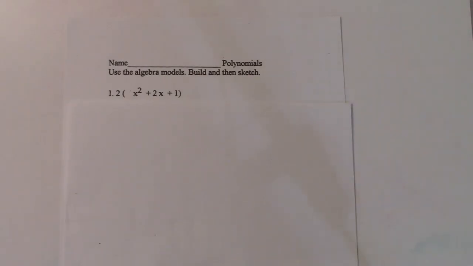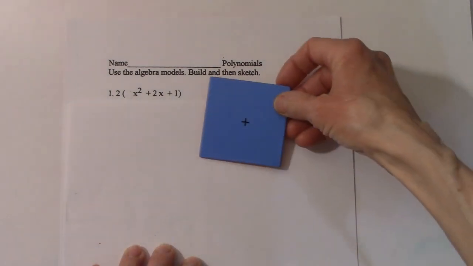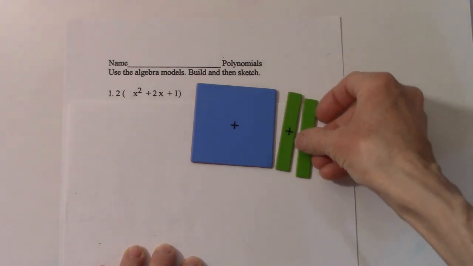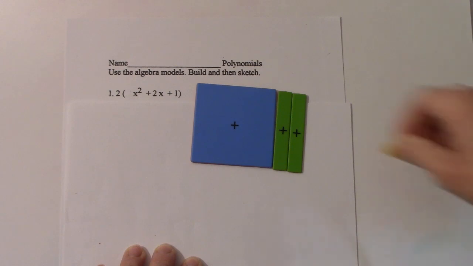Okay, let's consider this question of 2 times the quantity x squared plus 2x plus 1. Well, we know when it's 2 times a quantity, it means we have 2 groups of that quantity. So we have 2 groups of x squared plus 2x plus 1.